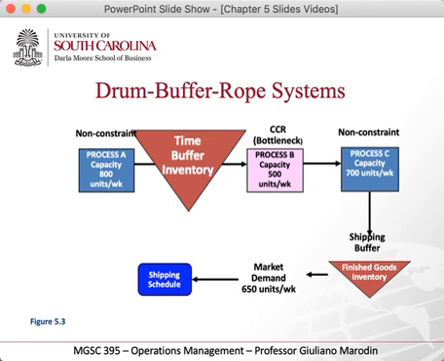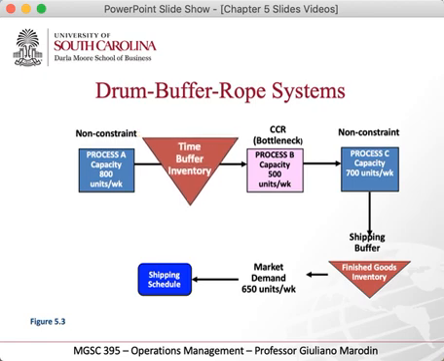Then this will send information to stop, so process A can stop and process B can keep going. In a week and a half, it will go back from 900 to 750. And then, when it gets to 250, I need to start process A again.